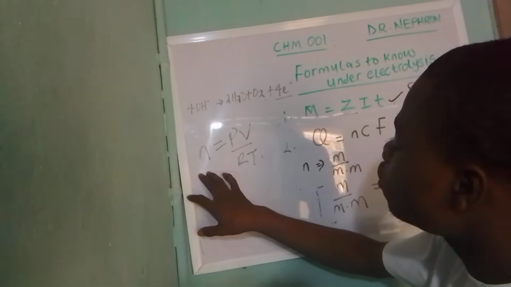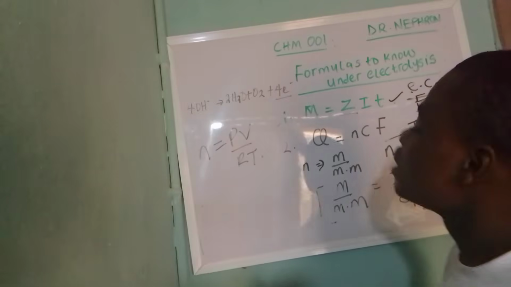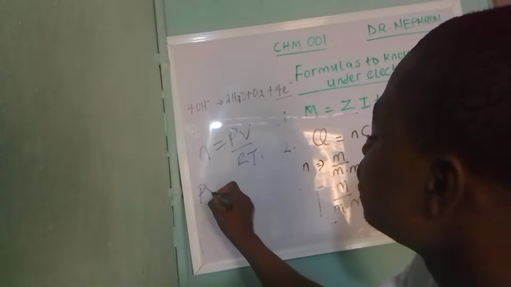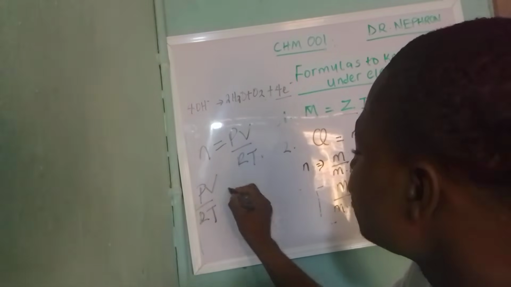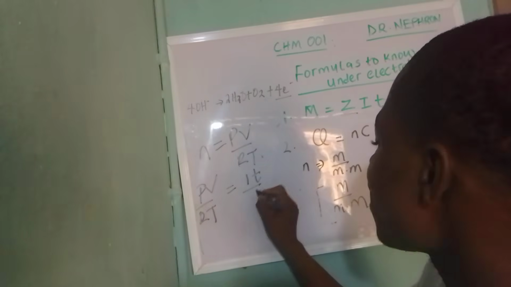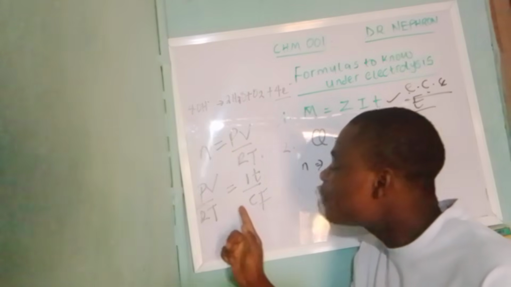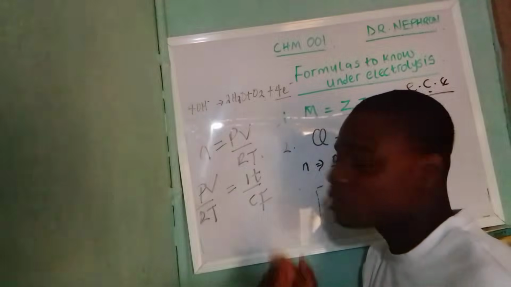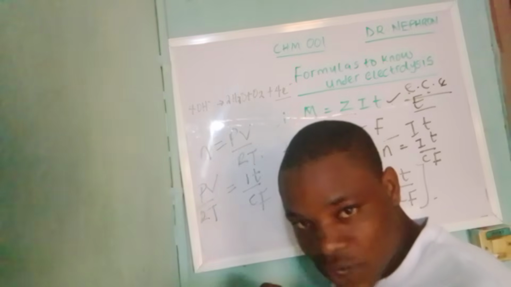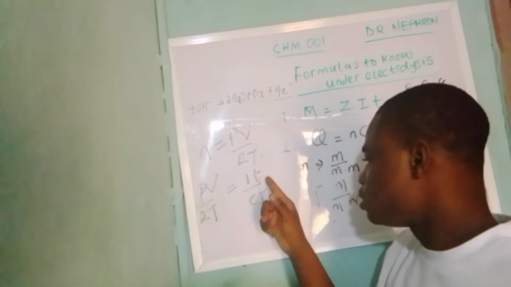So that means if your number of mole is expressed in this way, the formula will change to PV over RT equal to IT over CF. You can see I use capital T here, and small t here. Capital T is the temperature, while small t is time.